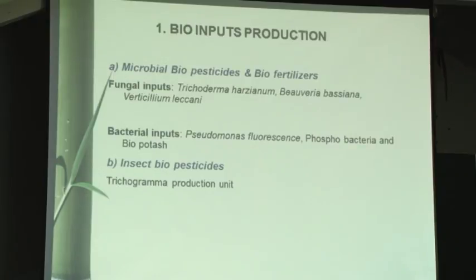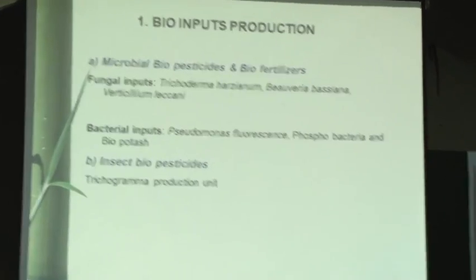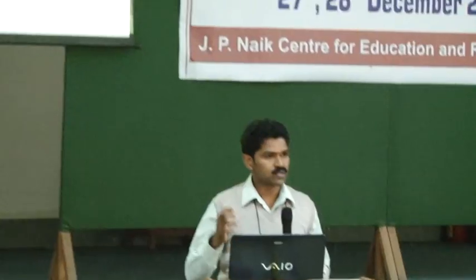Bio inputs is a terminology, actually. There are so many inputs that we can include in this. The first one is microbial bio inputs, which include bacterial inputs and fungal inputs.